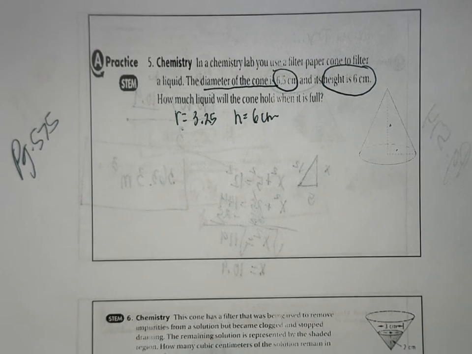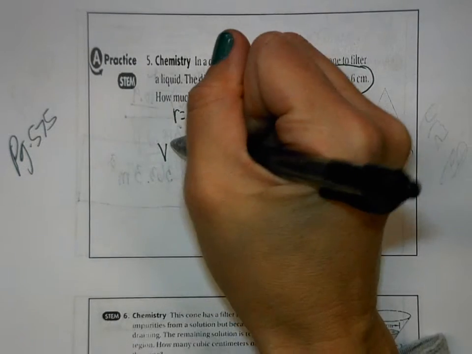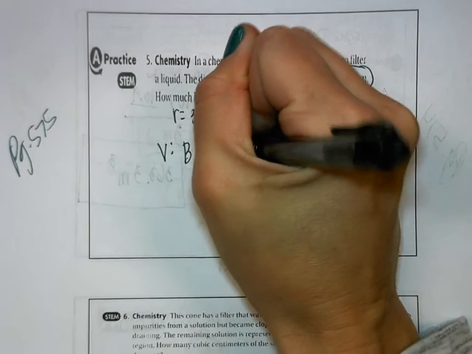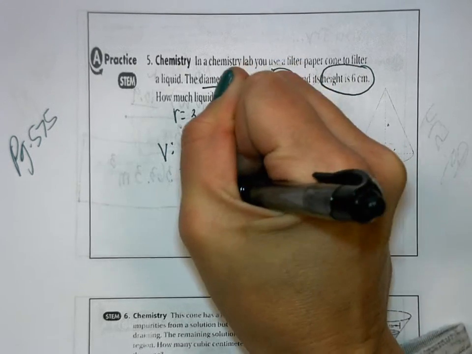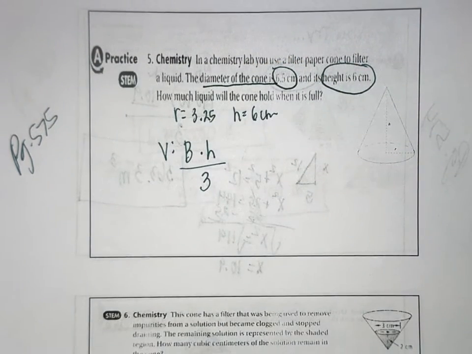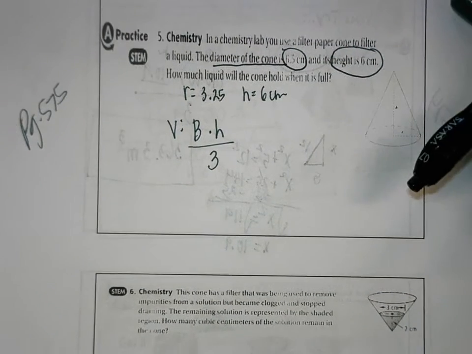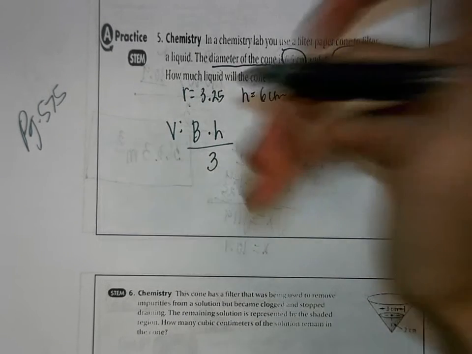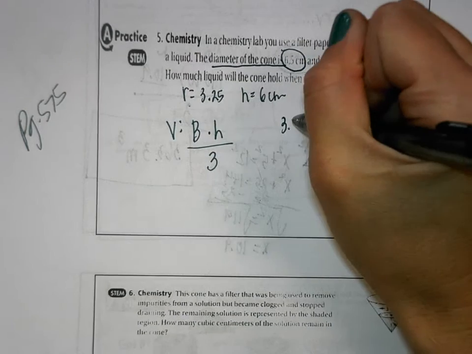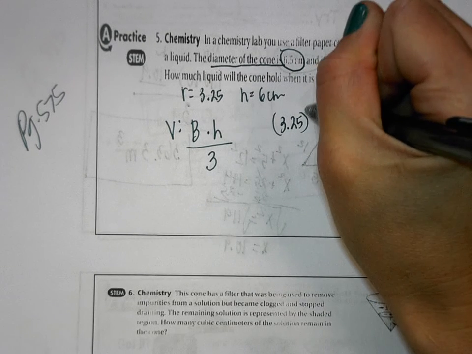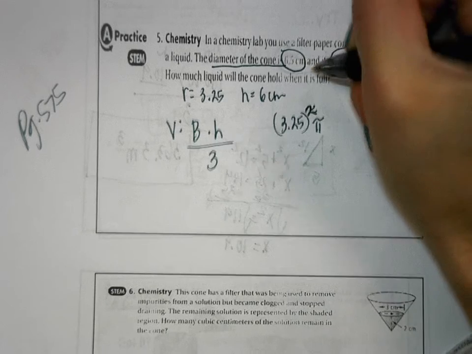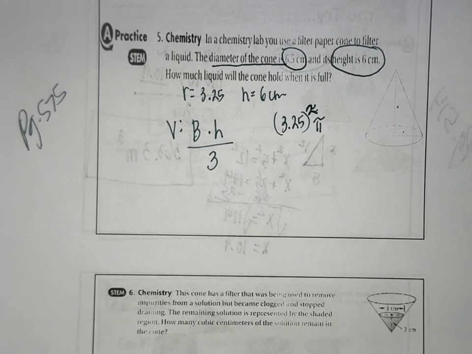Okay, so again, in order to find the volume, we're going to write our formula. It's our base area times height divided by 3. In this figure, what will be my base area? What am I going to plug in for base area? 3.25 squared, times pi, because the area of a circle is pi r squared.